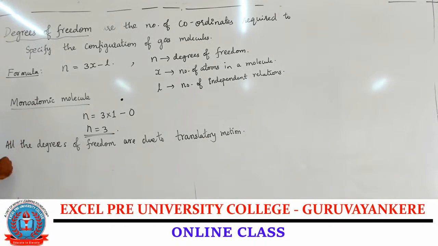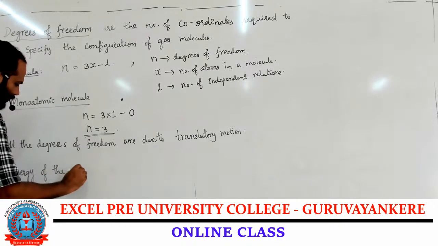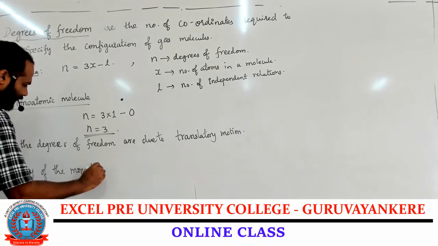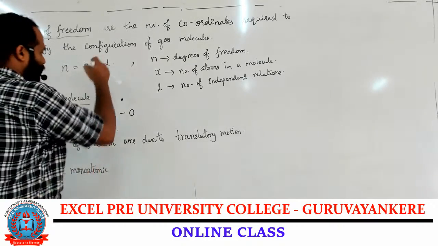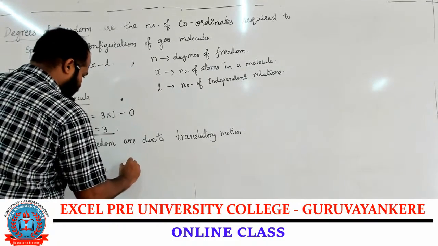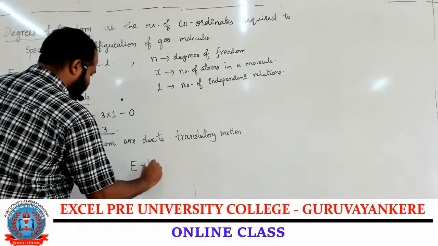Then, what is the total energy of a monoatomic molecule? Energy in one direction e is equal to half kBT.